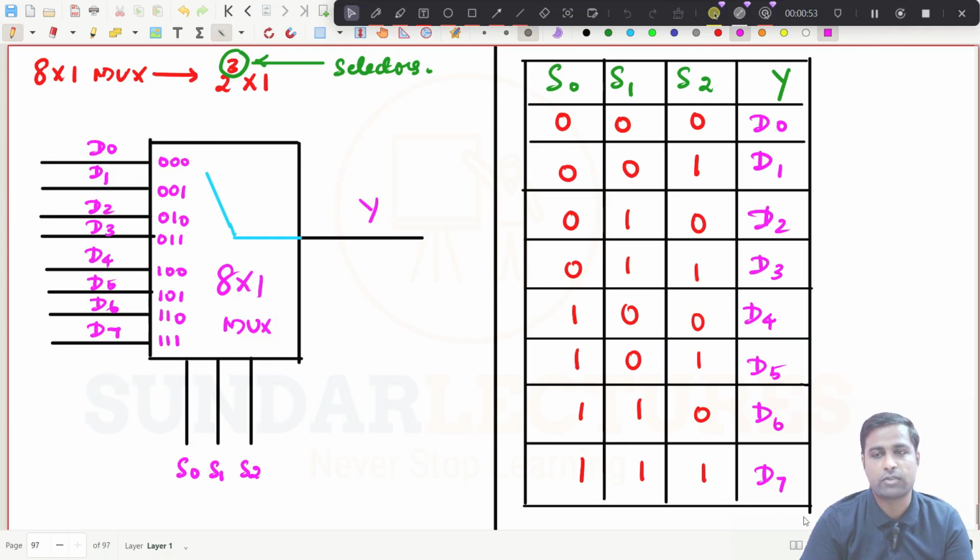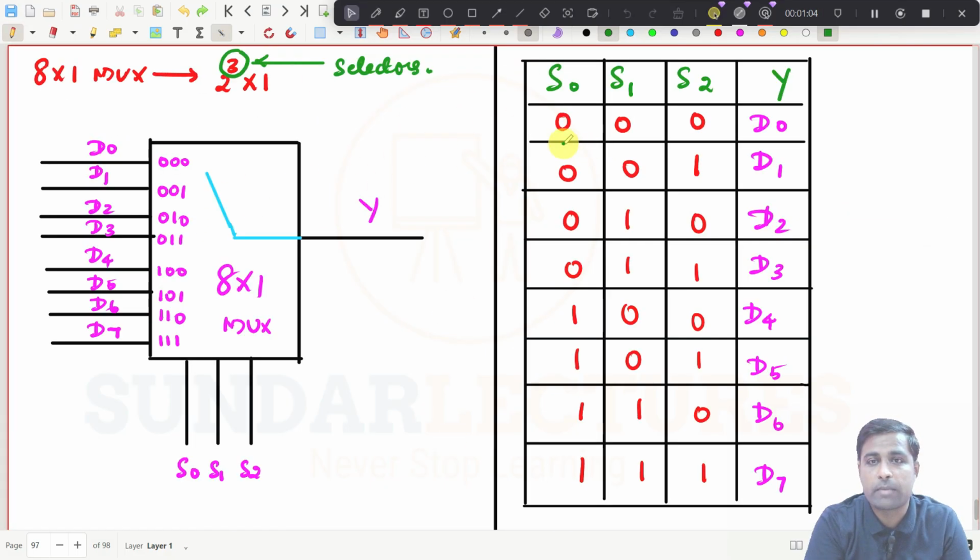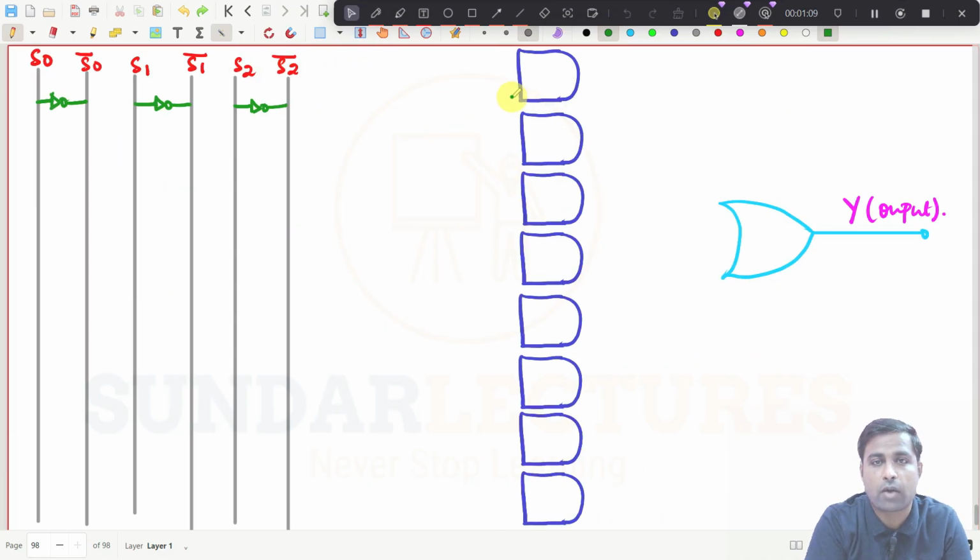What is inside this one? I will draw the diagram first and I will explain you. Right now you listen to me. What is inside the mux? That is what I am going to draw here. See here, the truth table is like 0 0 0 and the output will be D0, right? So for this AND gate, by default I will give D0. And what will be the inputs? How will you connect this one?